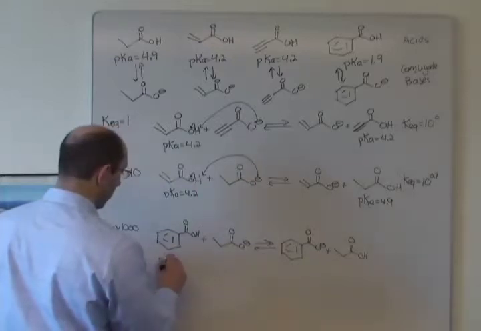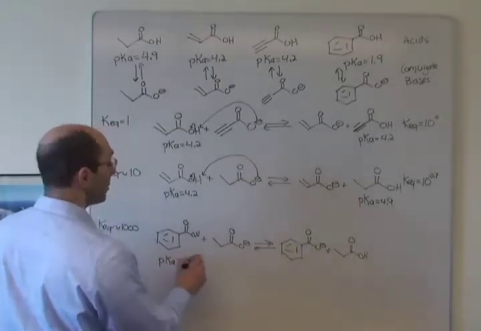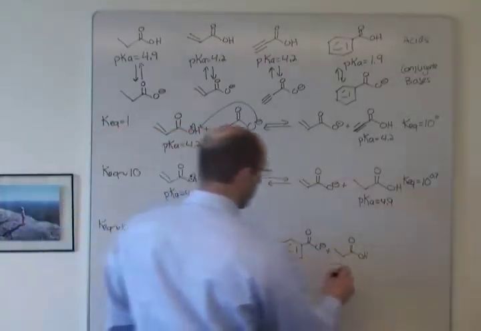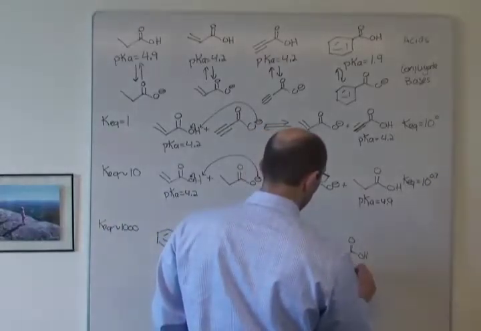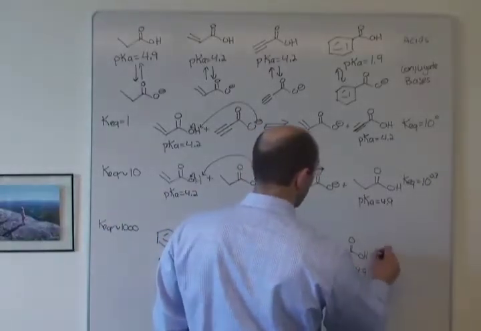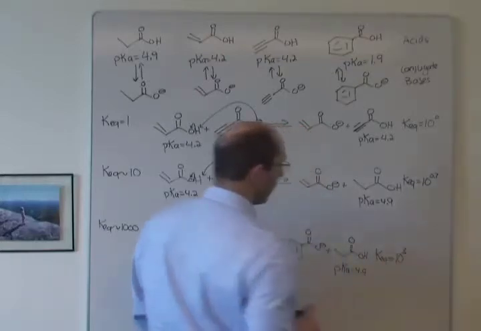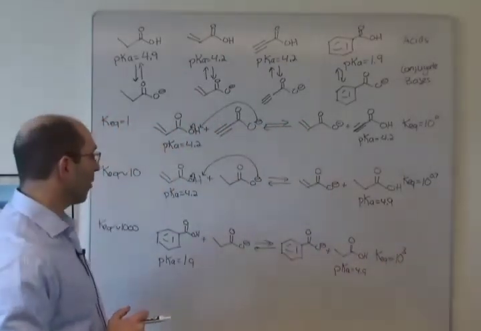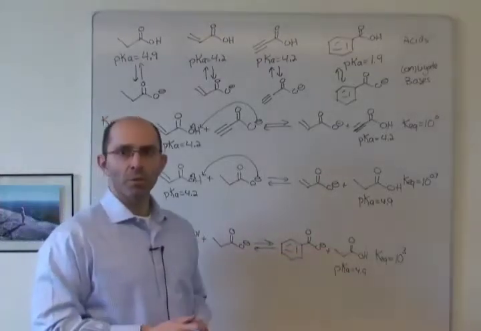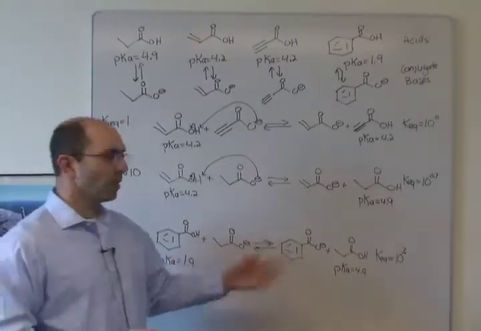So we have pKa over here in the reactants equal to 1.9, pKa in the products equal to 4.9, and our KEQ is going to be 10 to the third, or 1,000. And again, we're always going towards the side with the weaker acid, from stronger acid to weaker acid.